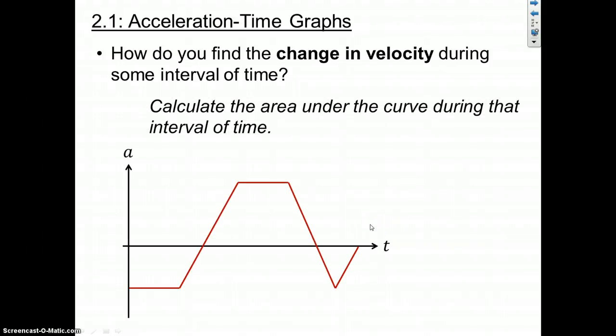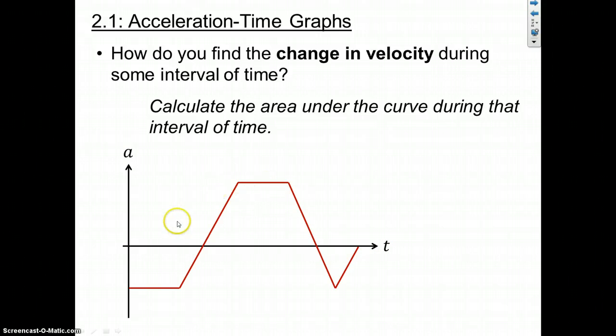So we said before that the area under the VT curve gives us displacement, because V times T is displacement. If we take A and multiply A times T, what's happening to the units? Well, A is meters per second squared, T is seconds, and the product of those gives us meters per second.